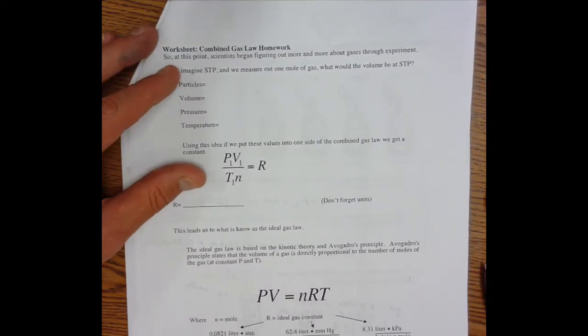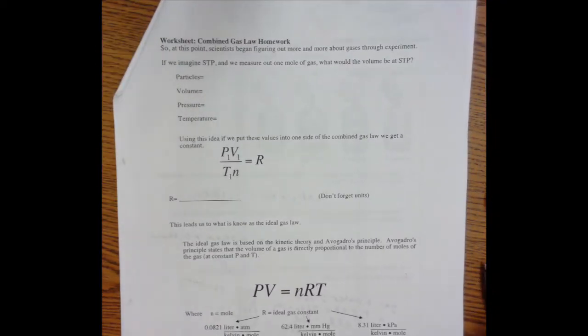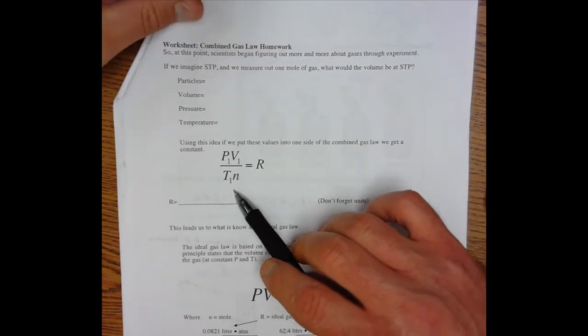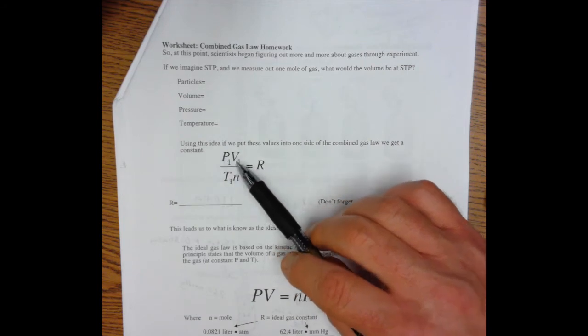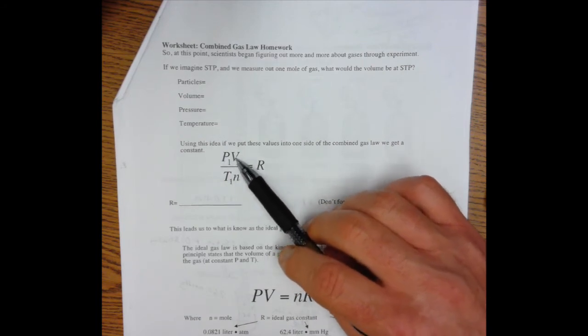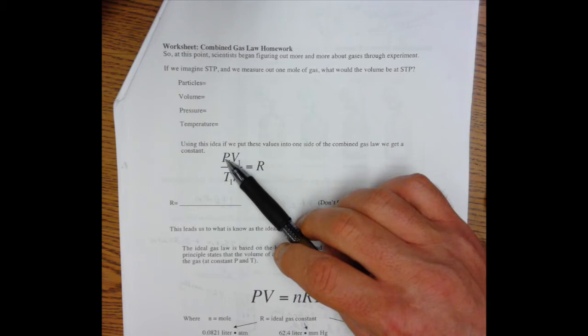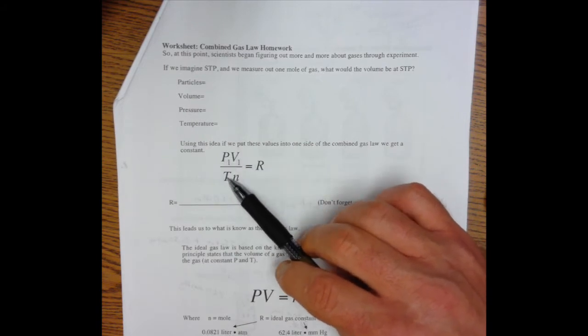All right, so today we're going to be looking at what's known as the ideal gas law. A lot of people refer to this as PV = nRT, but basically it's a way to bring in the moles. So if we remember, pressure and volume are inversely proportional, and pressure and temperature are directly proportional.